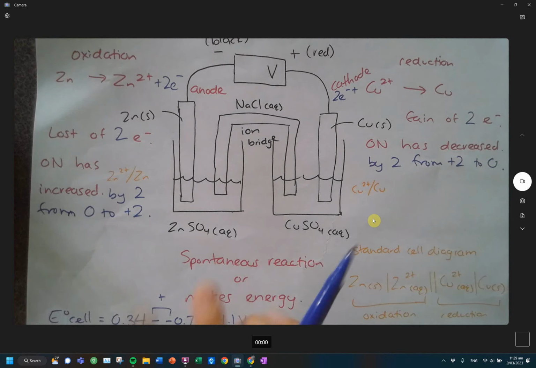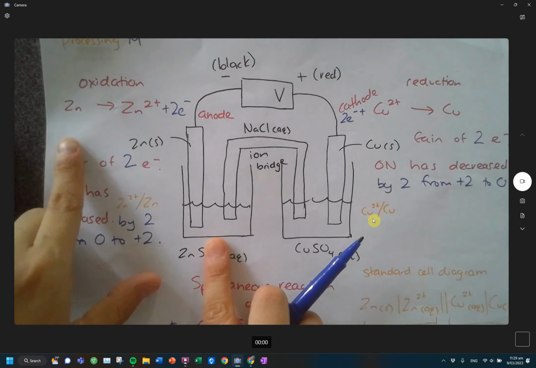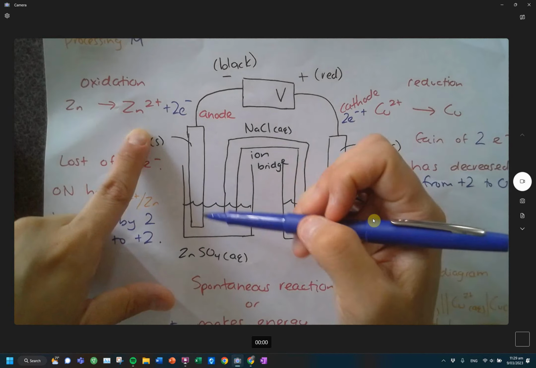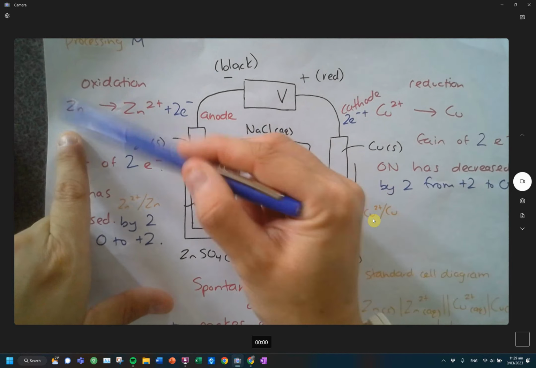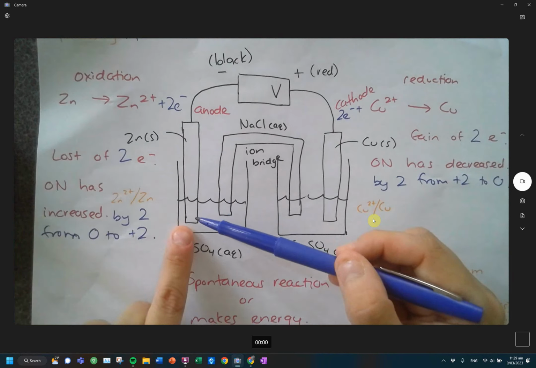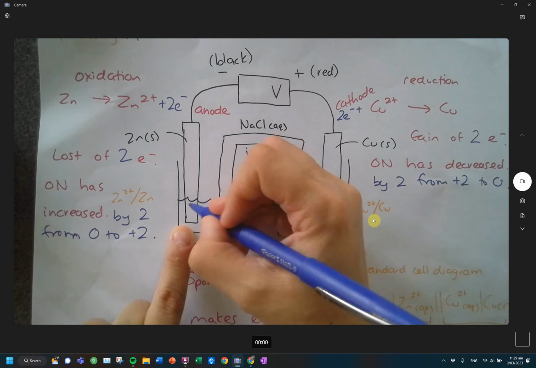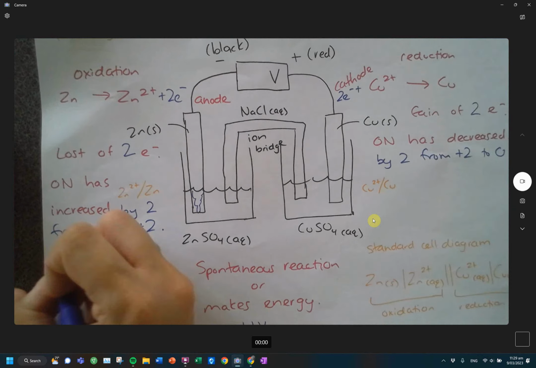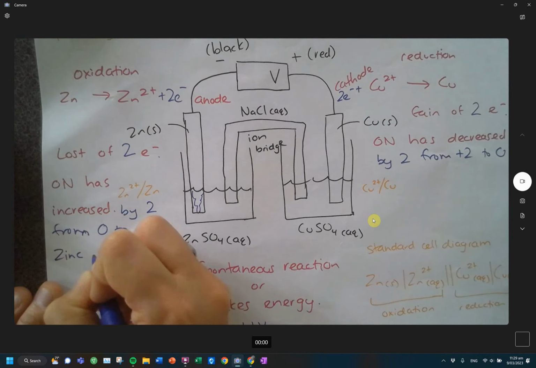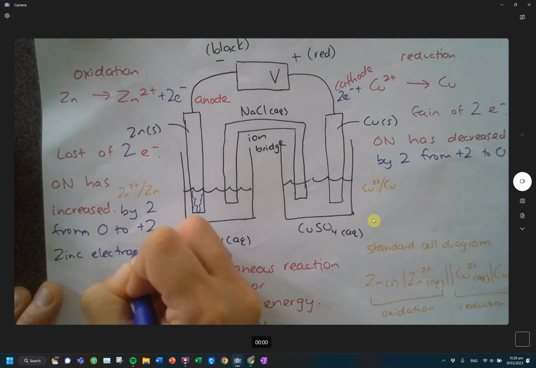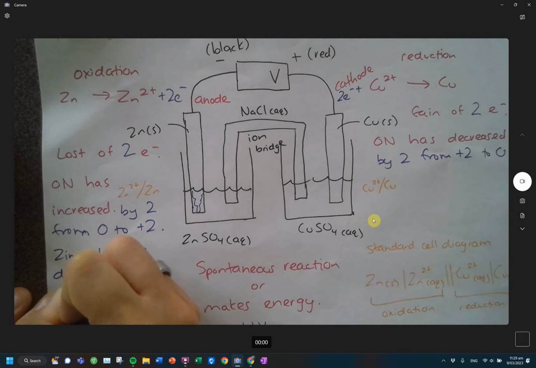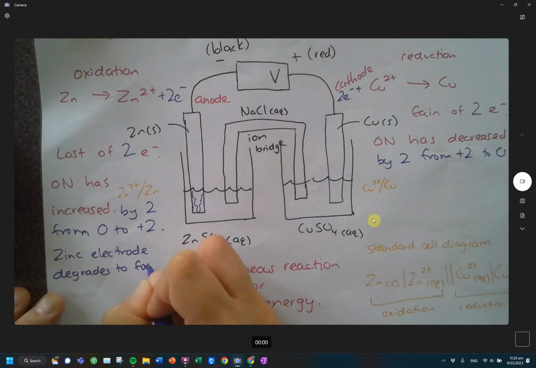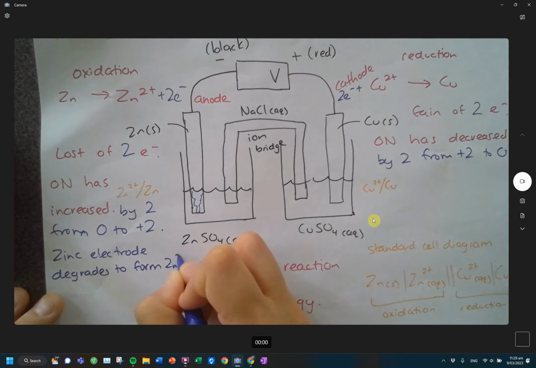So when I'm looking at the zinc electrode, do you see how I have the zinc metal going to the zinc ion? What's going to happen is that where the zinc metal is coming from is actually the electrode itself. So the electrode would start to degrade. So Zn electrode degrades to form Zn2+.